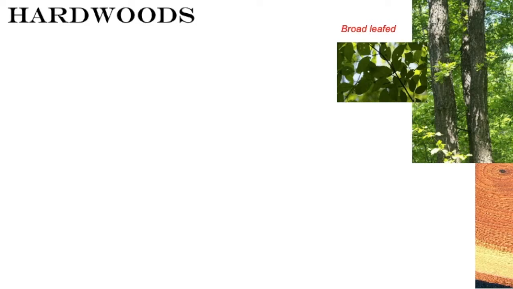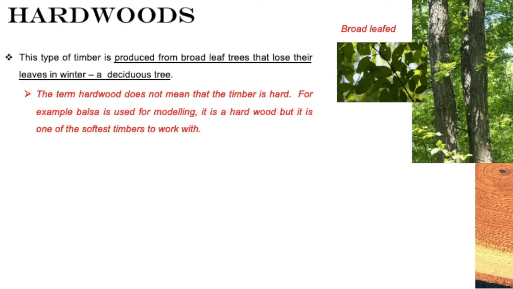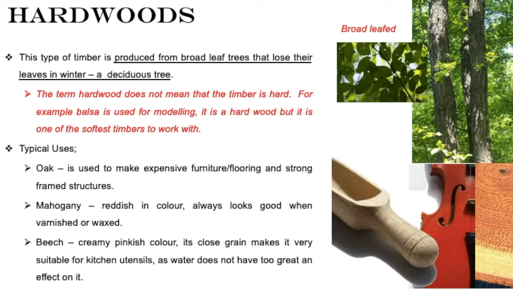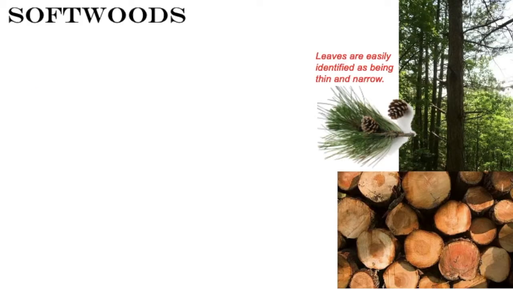Then going into each group specifically and the characteristics of each. The hardwoods come from the type of trees with broad leaves. These are the type of trees which lose or shed their leaves in winter. And the typical applications. On the other hand, the softwoods are characterized by leaves that are more thorny or thin, like this one.